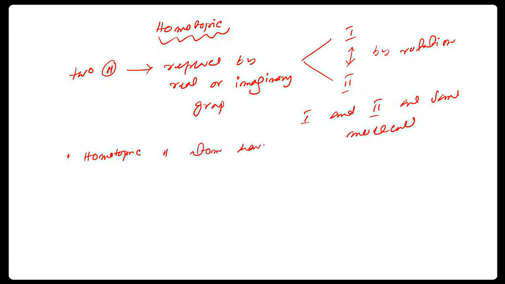Now you will ask, sir, what do you mean by same chemical environment? How can we think whether these two things are in the same chemical environment or not? That we are going to discuss shortly.